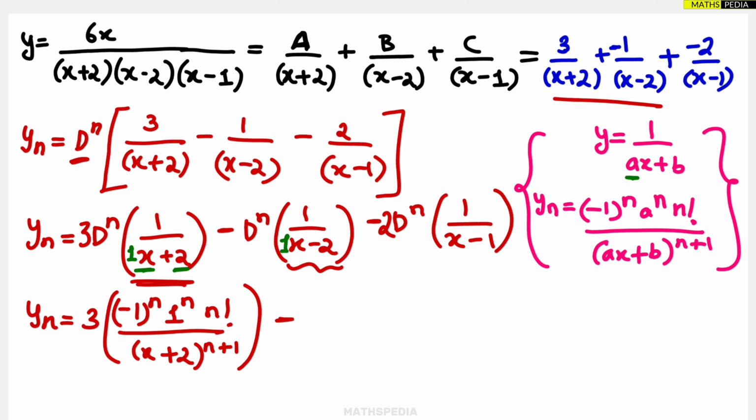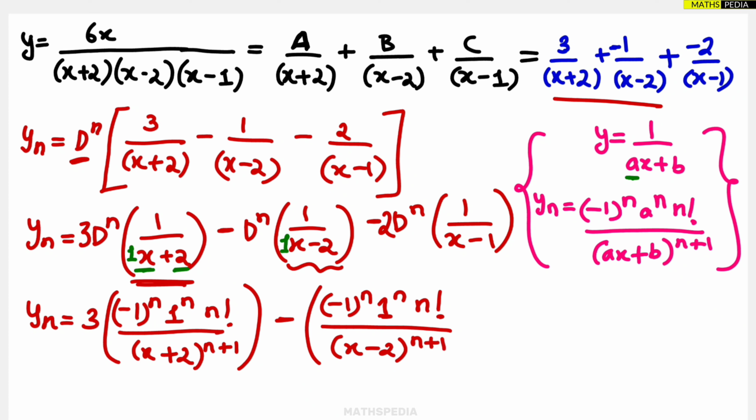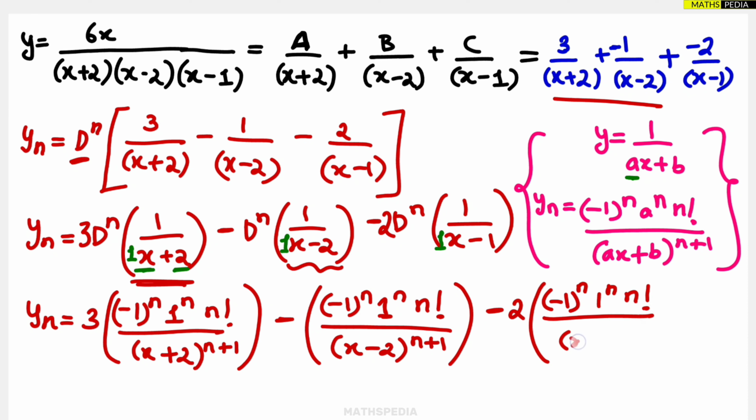So it will be minus 1 power n, a will be 1 power n, into n factorial divided by x minus 2 power n plus 1. Minus, then 2 into, again the same formula, the only change is that 1 is the coefficient, so again the same thing, minus 1 power n, 1 power n factorial divided by x minus 1 power n plus 1.